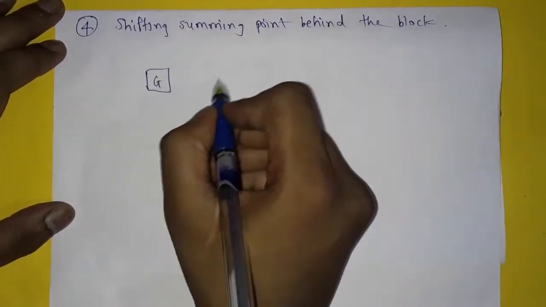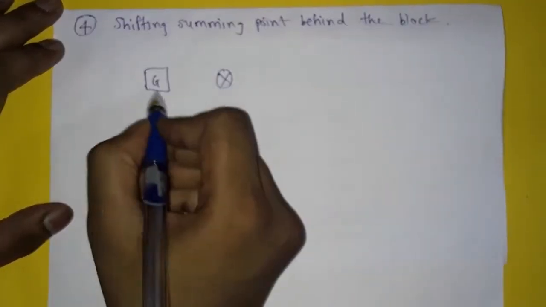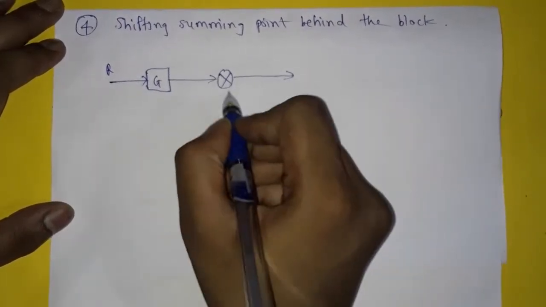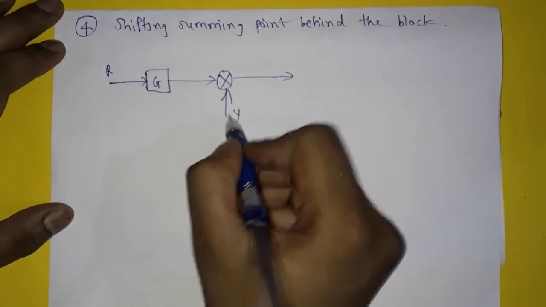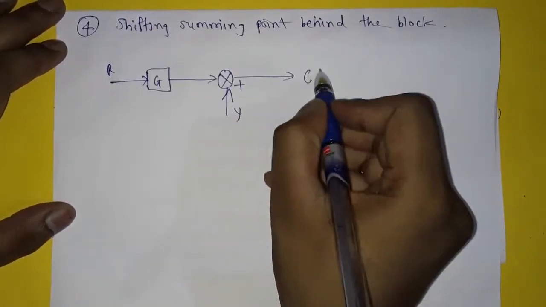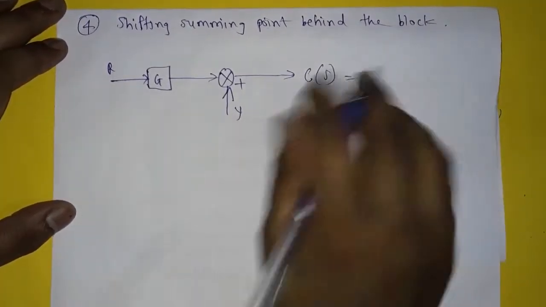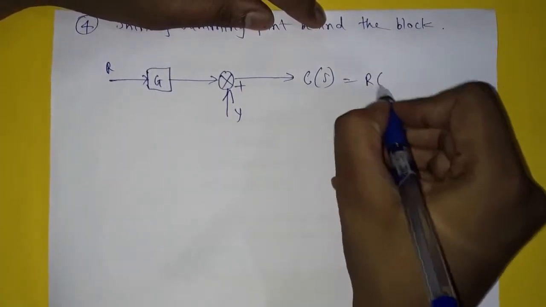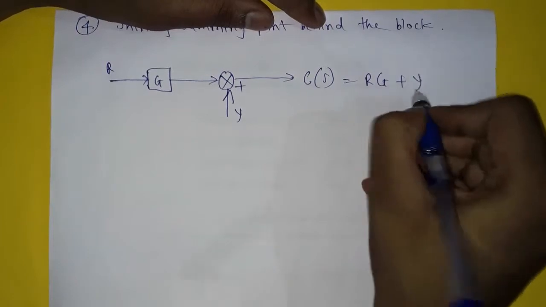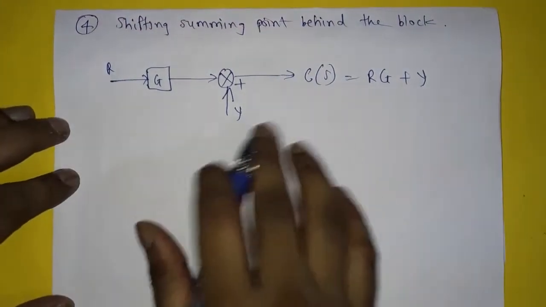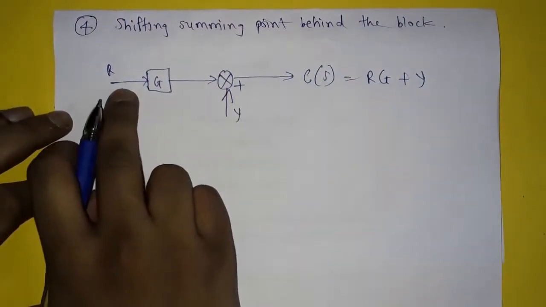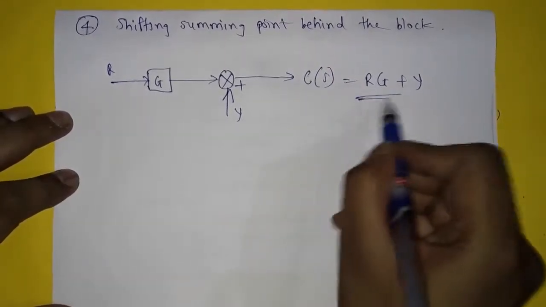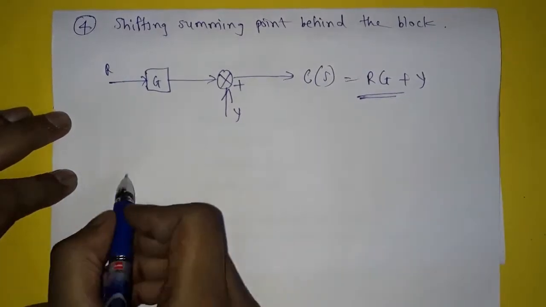This is G block, this is summing point, this is R, this is Y, this is plus, and C(S). In this case, C(S) is equal to RG plus Y. If we shift this summing point behind the block, then also the output will be the same. Let's see how it is.